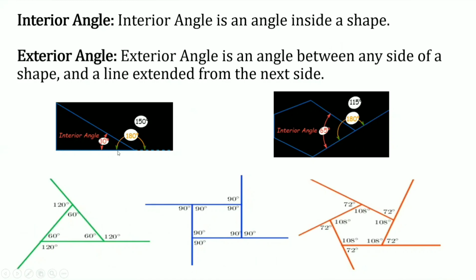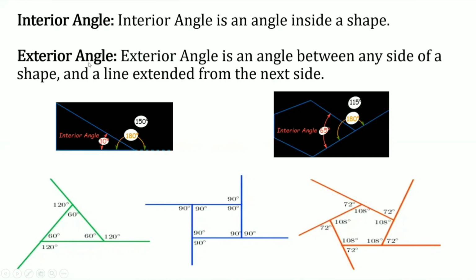So here, this is a triangle and the interior angle is the one which is lying inside the triangle. So this 30 degree it is showing is the interior angle of this triangle. And in the outer part, this one will be making a linear pair with this 30 degree, so it will be 150 degree.